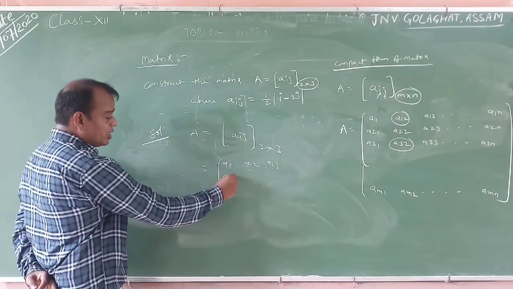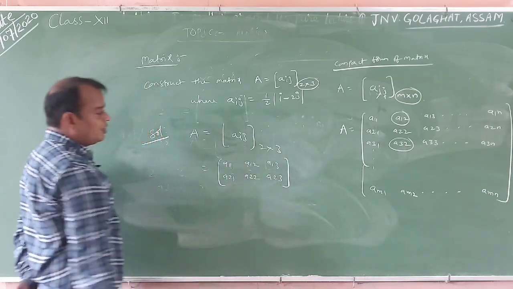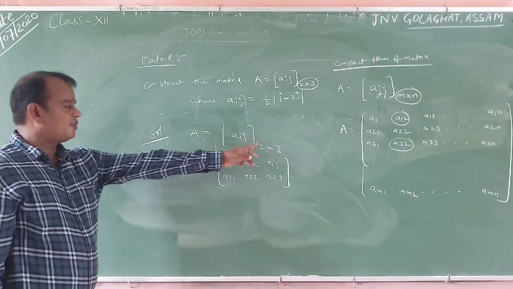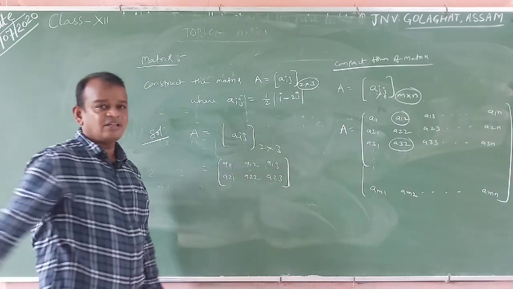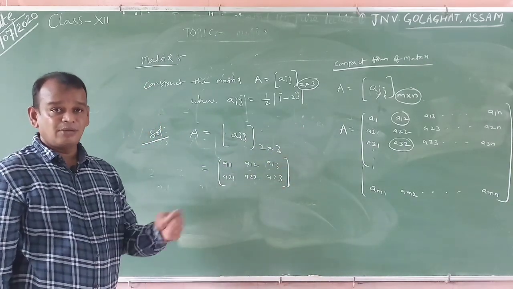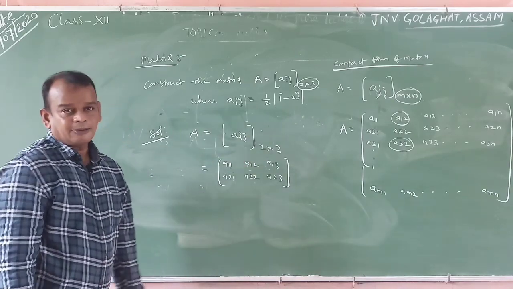Next, 2 rows means A21, A22, A23. A of 2 by 3 means 2 rows and 3 columns. Horizontal lines of elements is called row, vertical lines of elements is called column.